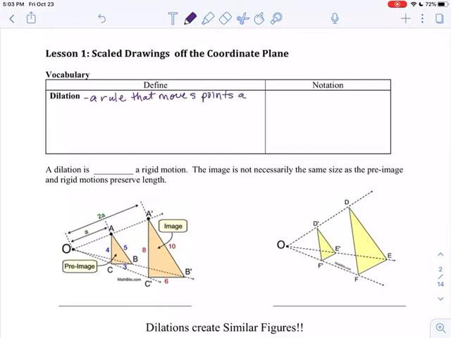A dilation is a rule that moves points a specific distance along a ray.